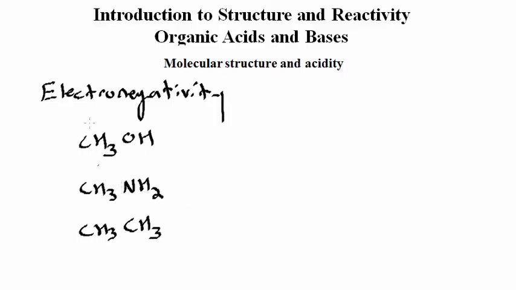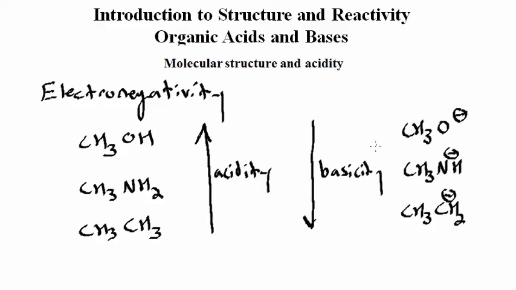As an example, if we look at here methanol, methylamine, and ethane, we can see we're looking at this change in the atom. We have oxygen, nitrogen, and carbon here, and all of these atoms lie in the same period of the periodic table. We can see that there's an increase in the acidity of these species going from the bottom to the top based on the electronegativities of these atoms, because those are the ones that are going to be bearing the negative charge.